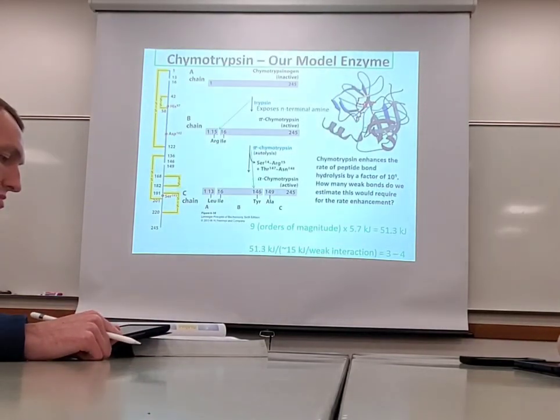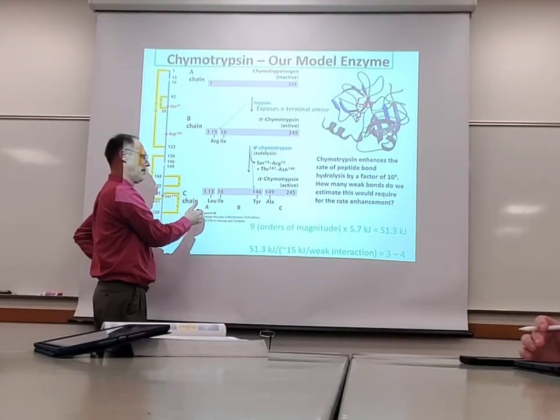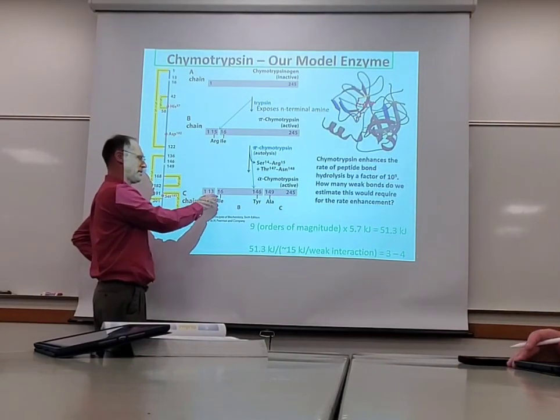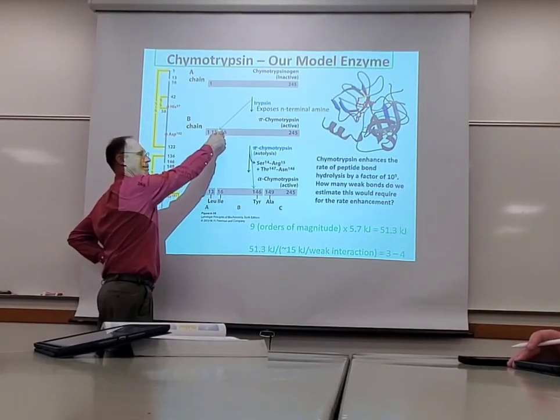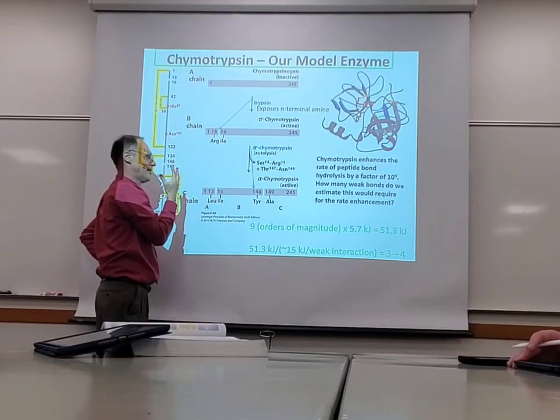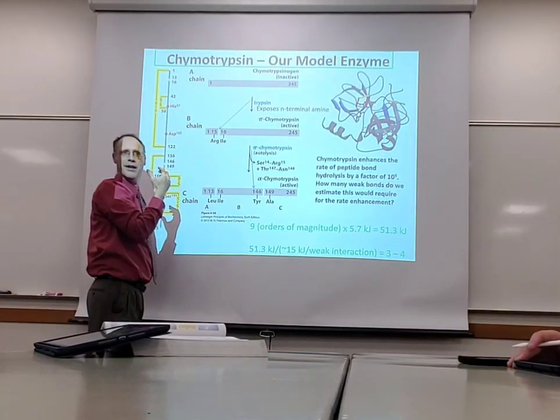Everybody understand how these are connected now? You're like, I turned it on because after I cleaved this right here, beautifully, I end up with this isoleucine, right? And that has the ability to do magic. Because I've now got an N-terminus where I didn't have an N-terminus.